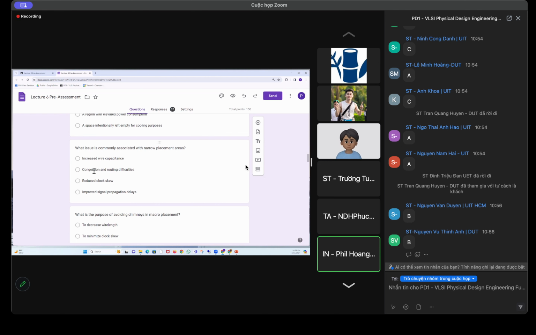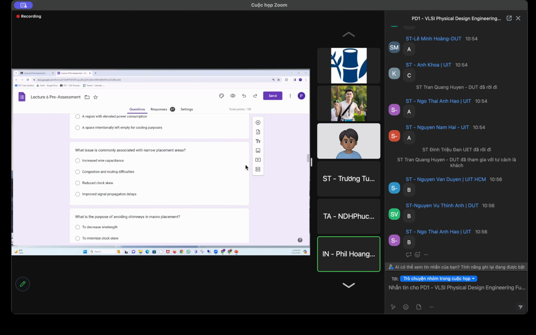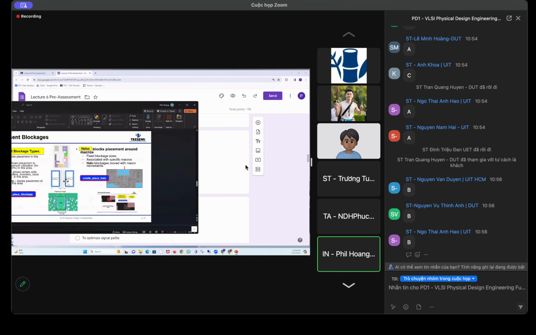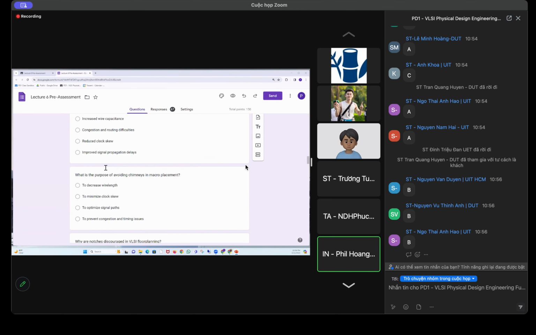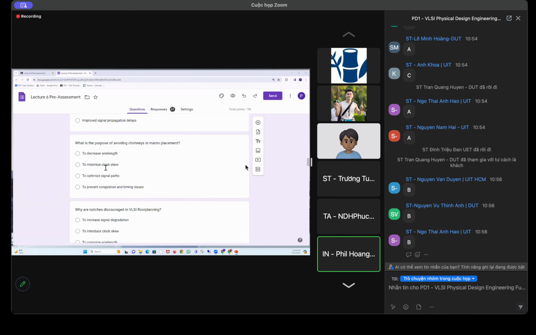Yep, the answer is B, congestion and routing difficulties, right? You see here, you have pins and you have signals coming in, so you have a hard time with congestion and routing. It doesn't have anything to do with clock skews, increased wire capacitance, I'm not sure. Improved signal propagation delay, for sure it's not going to do that.